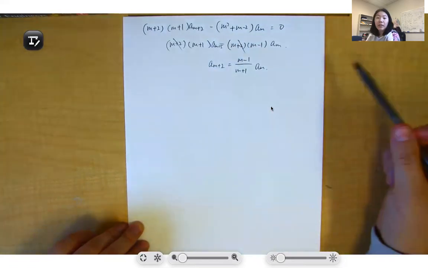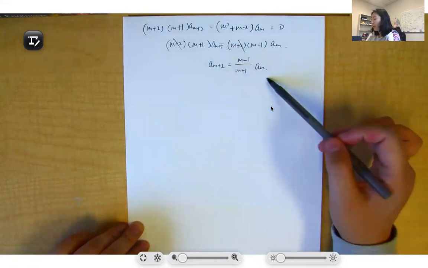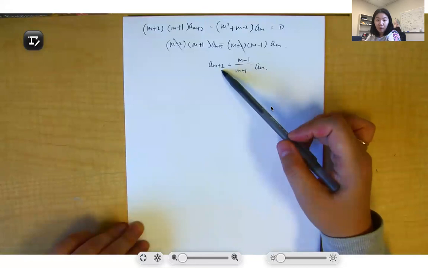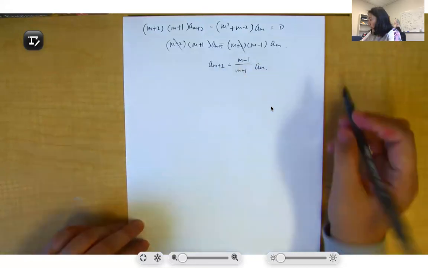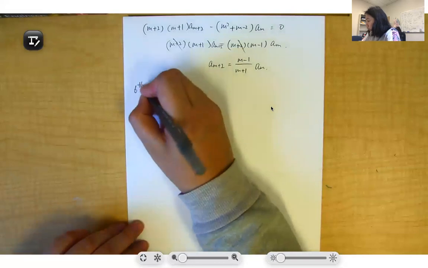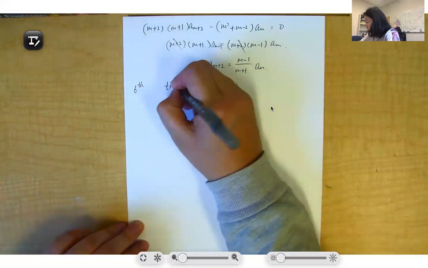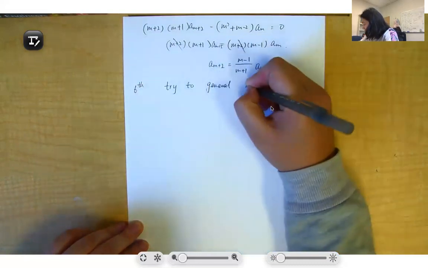So this is the relationship between the coefficients a_(m+2) and a_m. And since there is a two-step here, we can separate our power series into the even part and the odd part.